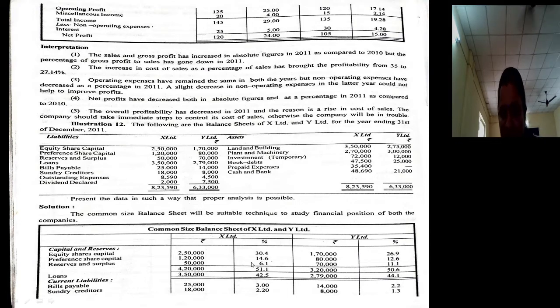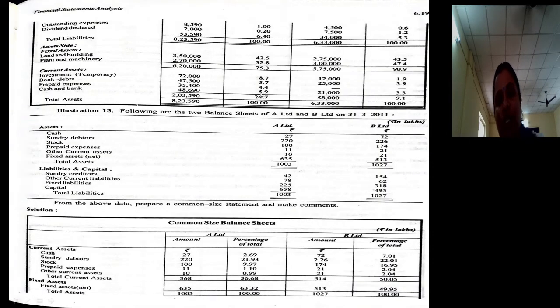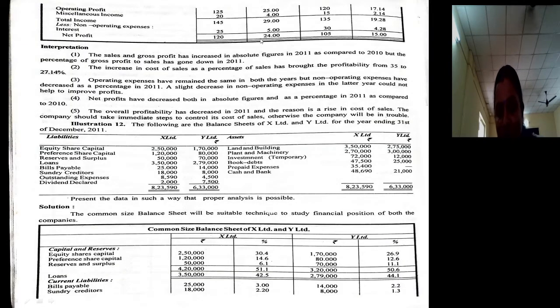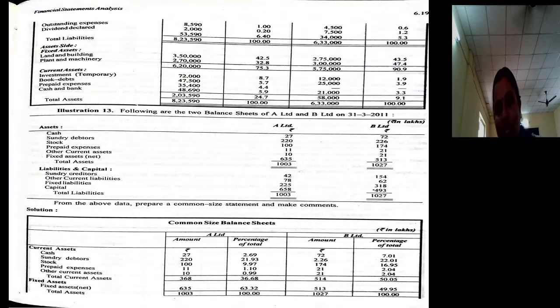What is 4,20,000? It is 51.1. What is 350? It is 42.5. What is 25? It is 3. What is 18? It is 2.2. What is 8.59? It is 1. What is 2? It is 0.20. What is 53.59? It is 6.4. When you calculate the total of 51.1 plus 42.5 plus 6.4, the answer is 100 itself, which we have already taken as 100.